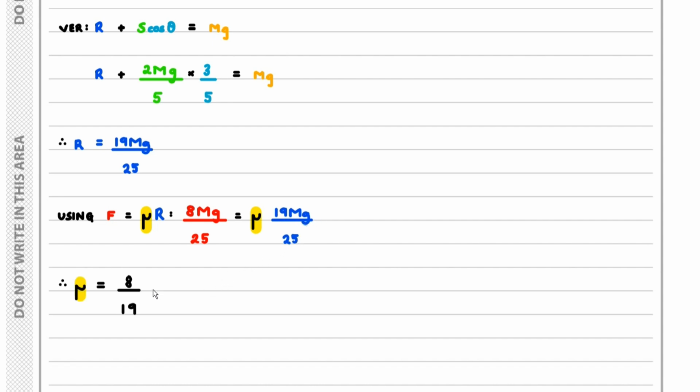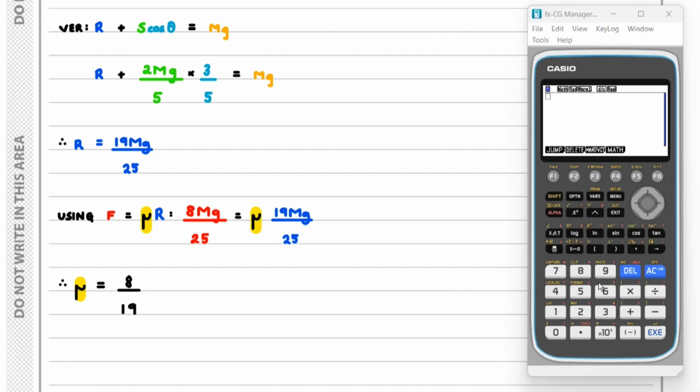If I solve for R, you will find R to equal 19mg over 25. Now, if I use F equals mu R to find out what mu is, F I know is 8mg over 25, and this is equal to mu multiplied by R, which I've just worked out to be 19mg over 25, meaning mu is equal to 8 over 19. As a decimal, 8 over 19 is equal to 0.421, etc.